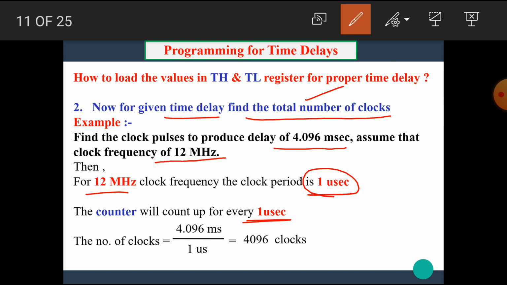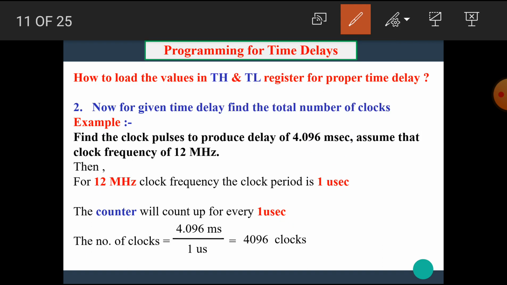Hence the total number of clocks is given by 4.096 millisecond divided by 1 microsecond. After simplifying this, we get 4096 clocks. How do we simplify this? Let's see once again. Here is 4.096 millisecond, that means 4.096 into 10 raised to minus 3 upon 1 microsecond means 1 into 10 raised to minus 6.